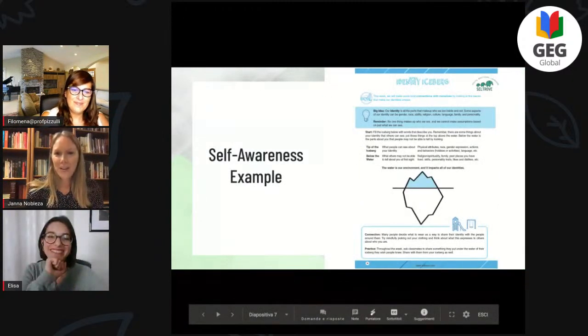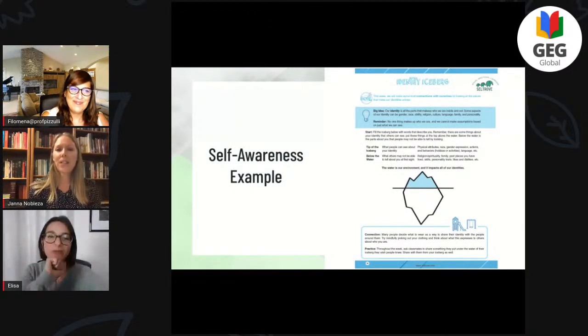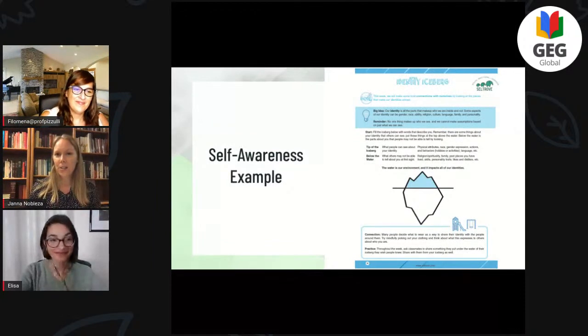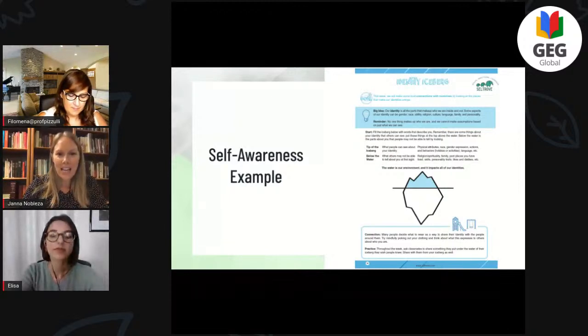So I know you can't read this very well, but you will get a copy of this at the end of the live stream when you fill out your feedback form. This comes from the 3rd through 5th grade SEL student planner. As you can see, in the center there's a big iceberg.